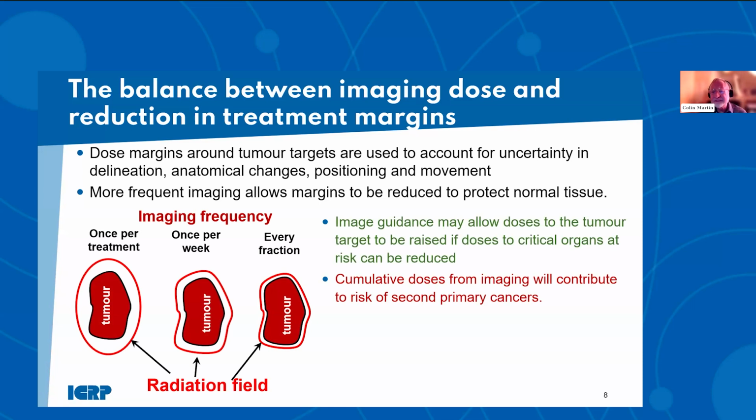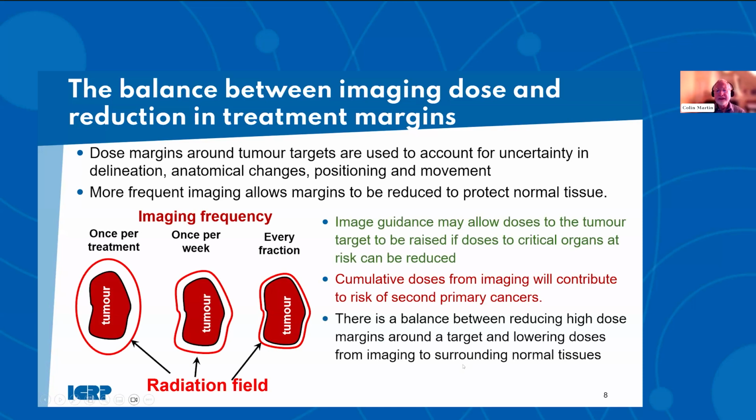But the cumulative doses from imaging will, as I said before, contribute to the risk of second primary cancers. So there's a balance between reducing high dose margins around the target and lowering doses from imaging to surrounding normal tissues. So this imaging requires both justification and optimization. And Bill Small will be talking a bit later about this.